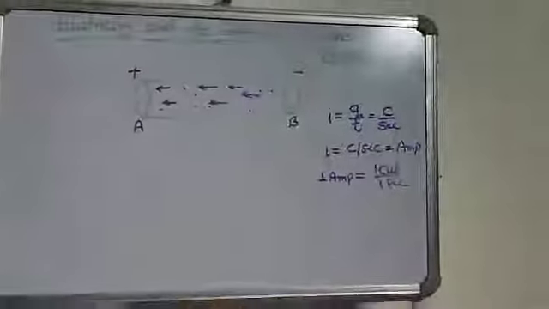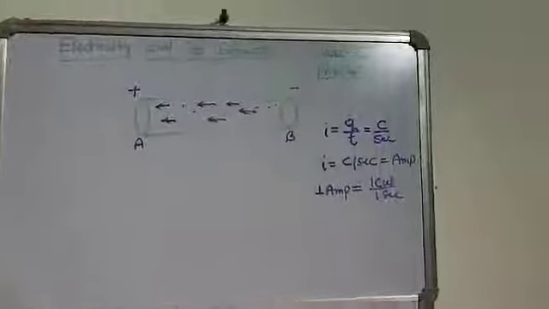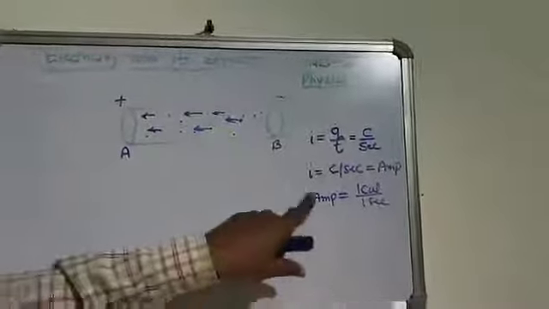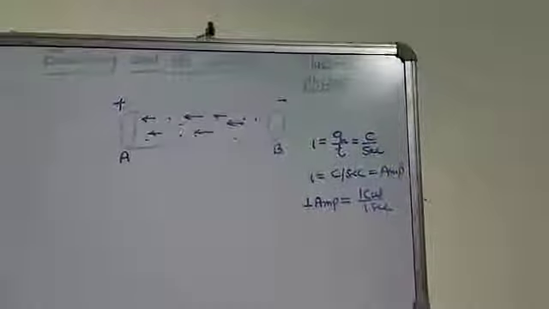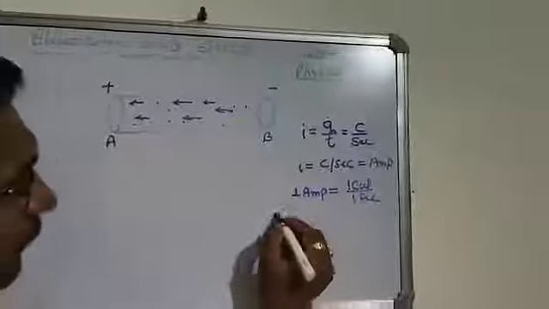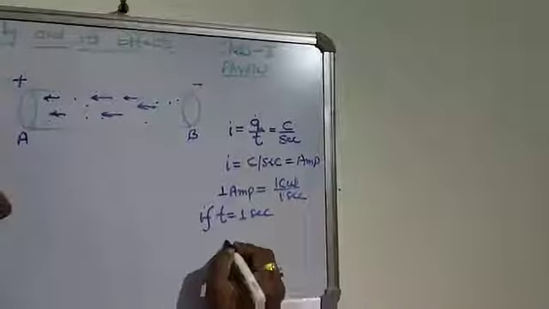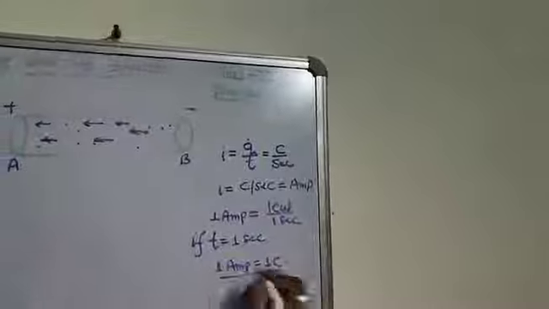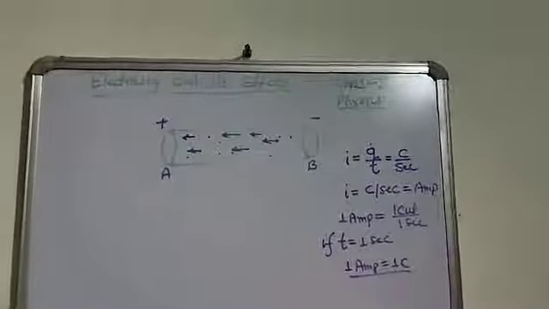When 1 coulomb charge passes through a wire or through a conductor in 1 second, the current is 1 ampere. Ampere is the SI unit of current. 1 ampere is equal to 1 coulomb per second. So if time is equal to 1 second, then 1 ampere is equal to 1 coulomb. This is the definition of electric current.